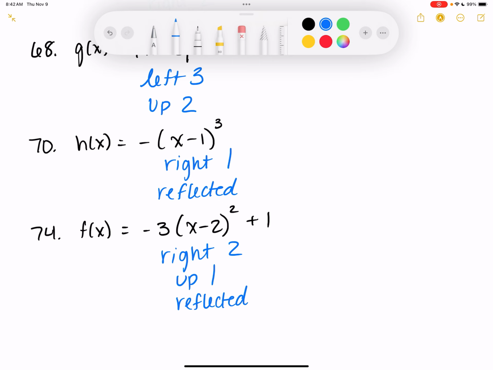Stretched. Yep, stretched. And there's technically different kinds of stretches based on where the number is, but we're just generically saying compressed or stretched. That's all you need to be worried about.